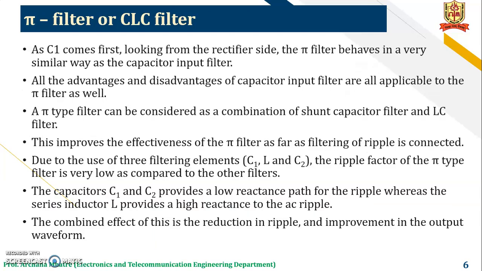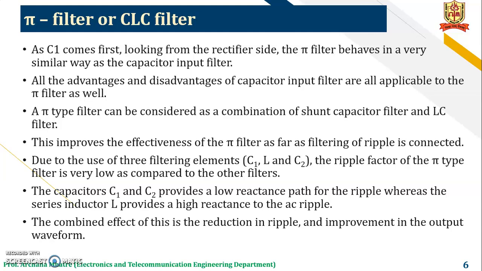As C1 comes first, looking from the rectifier side, the pi filter behaves in a very similar way to the capacitor input filter. All the advantages and disadvantages of the capacitor input filter are applicable to the pi filter as well. A pi type filter can be considered as a combination of shunt capacitor filter and LC filter.